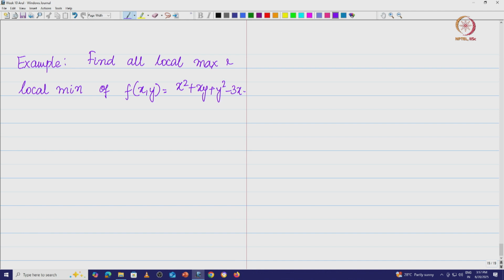Now I know this, I just need to find the gradient of this. Del f is equal to 0. So I will write this, del f is equal to 0.